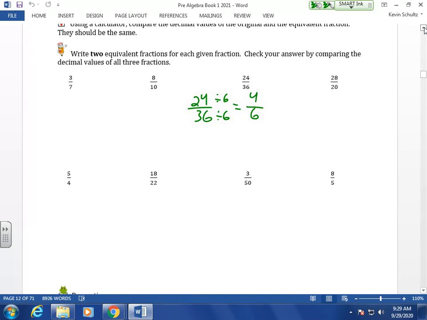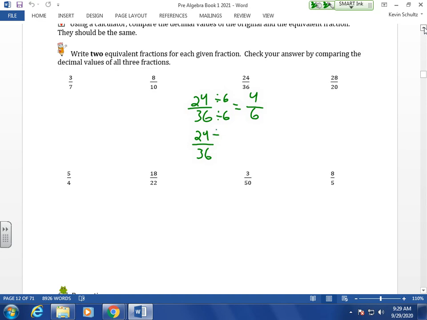Okay? We need to write 2 equivalent fractions. So what else do you want to do? Jacob, you had your hand up before. What would you like to do to get an equivalent fraction? You want to multiply or divide? Divide by 12.